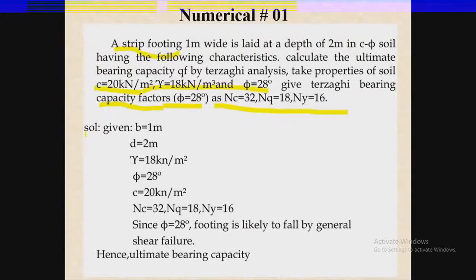Now let us solve this numerical. Given B is equal to 1 meter, D is equal to 2 meter, gamma is equal to 18 kN/m³, phi 28, C 20 kN/m², bearing capacity factors Nc 32, Nq 18, and N gamma 16. Now since phi is equal to 28 degree, we can assume general shear failure.